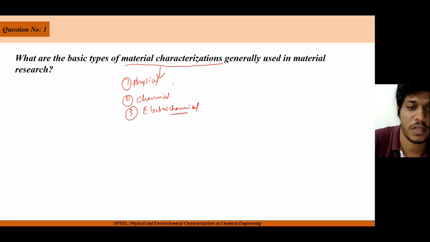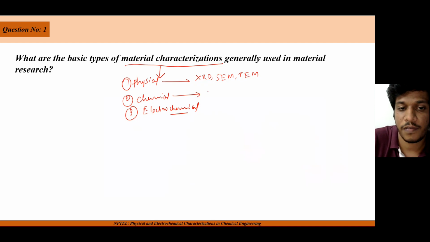As I was saying, the physical techniques can be basically XRD, SEM, TEM, etc. The chemical techniques, where we get an idea of the chemical composition of the material, can be, for example, XPS, XRF, etc.